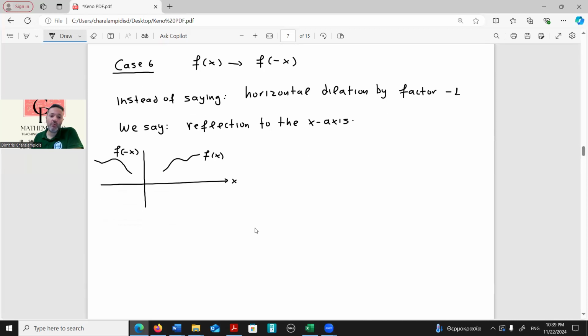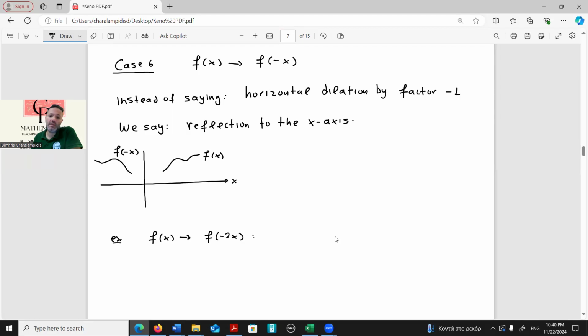And again, when we have, apart from the negative sign, the presence of a number as well, as in this example, from f of x moving to f of negative 2x, we do the description in two successive stages. At first, we describe that without keeping in mind any negative signs.